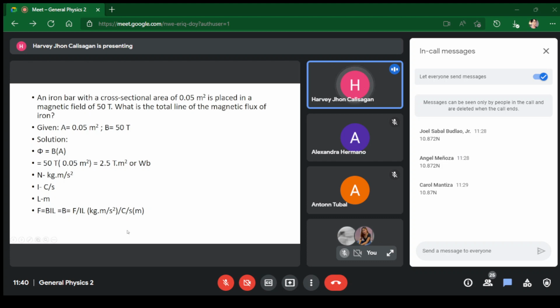So canceling out the meter, we now have kilogram per second squared per coulomb per second. So for the magnetic field, the presence of the kilogram here is okay. It's here, and then we also need the charge at the same time, so it's here.